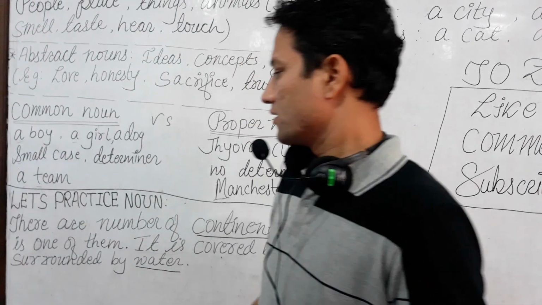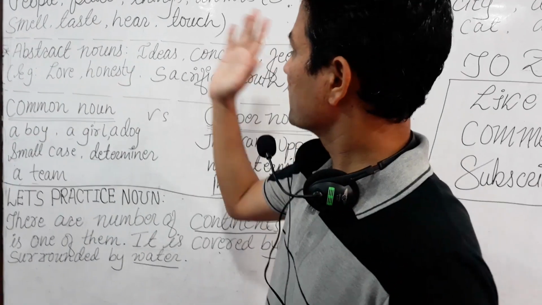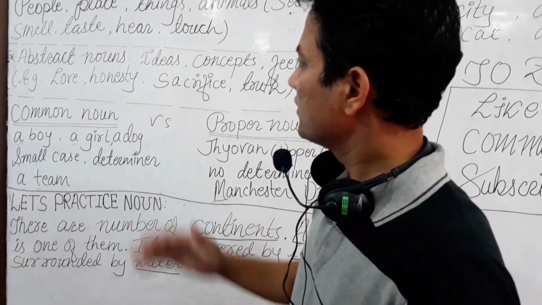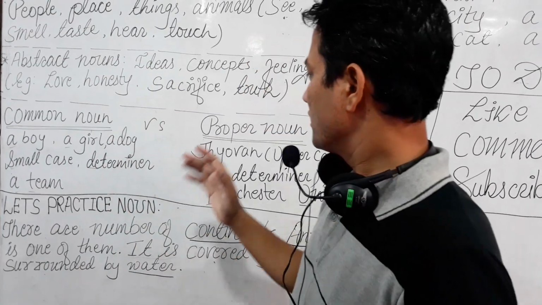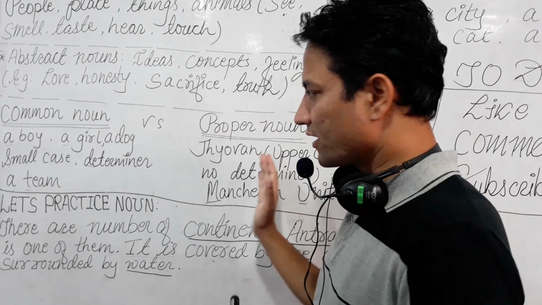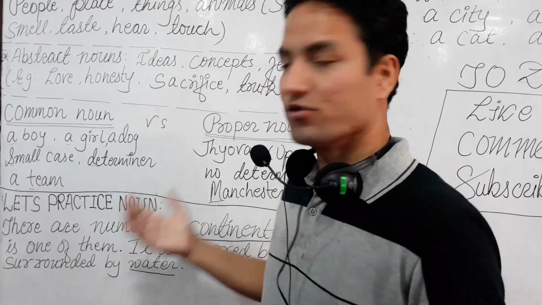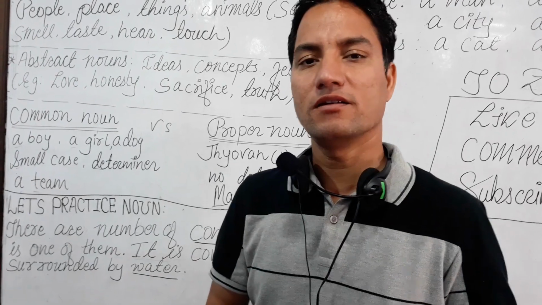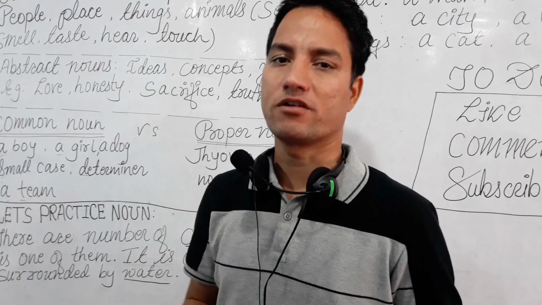Alright? So let's go further. Since you have learned about concrete nouns, abstract nouns, common nouns, and the difference between common noun and proper noun, let's check our knowledge by finding nouns in a sentence to check our understanding.